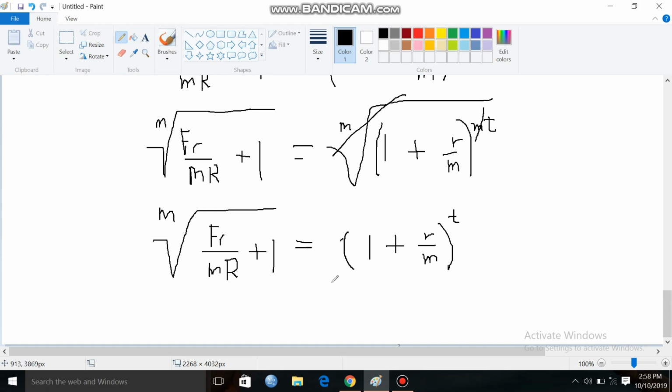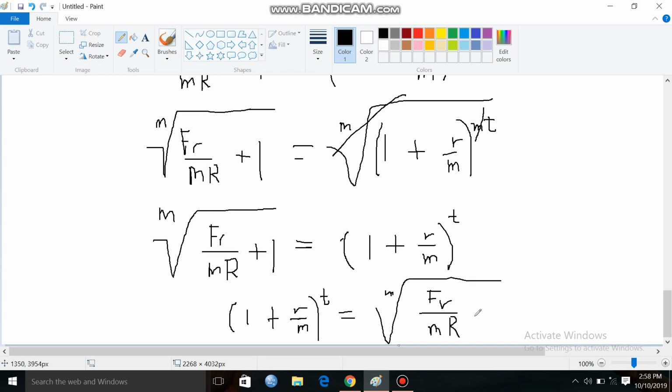Also, we can exchange the left and right sides of the equation, so t equals the nth root of Fr over mR plus 1.